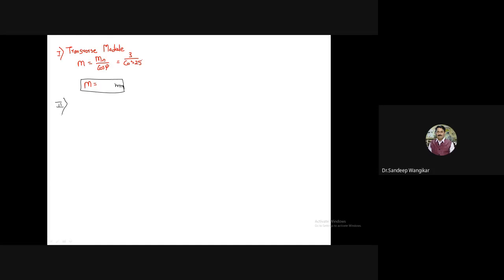These are the simple problems which will be asked in your objective type questions also. Anybody reply, module is equal to, then we will proceed further.